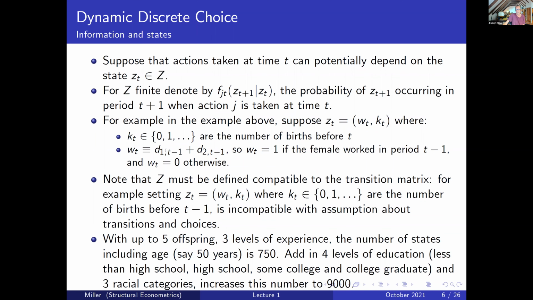And I'm just imagining that your work experience in the last period counts. So in other words, these might be how much did you work before, just in the last period. Make these two choices be, this one involves work last period.